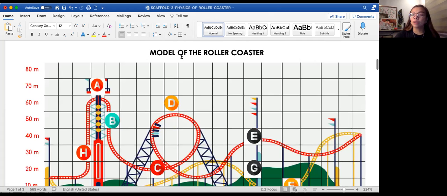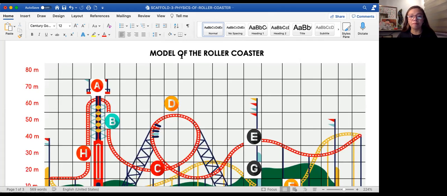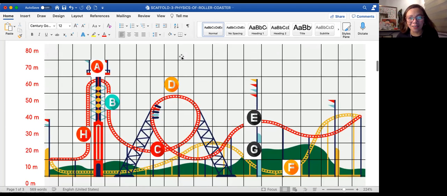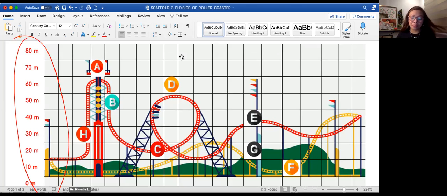Be reminded that you are given a model, and you're asked to analyze it. Here you get to see points A, B, C, D, E, F, G, and you also need the data presented on the y-axis.